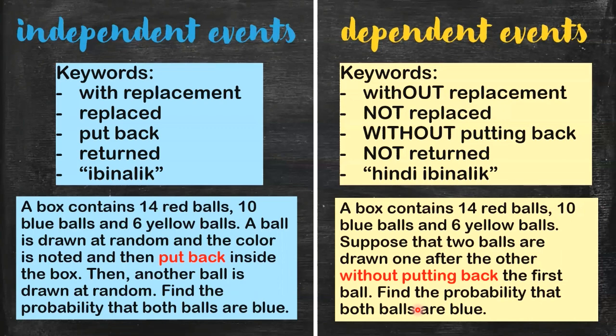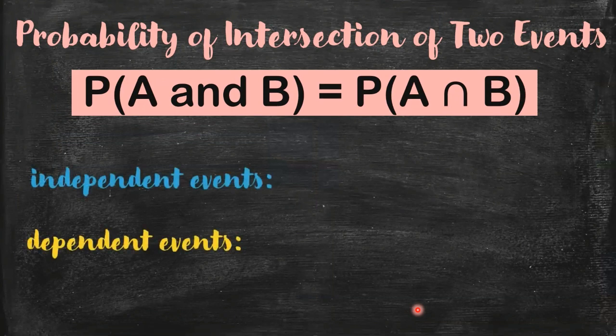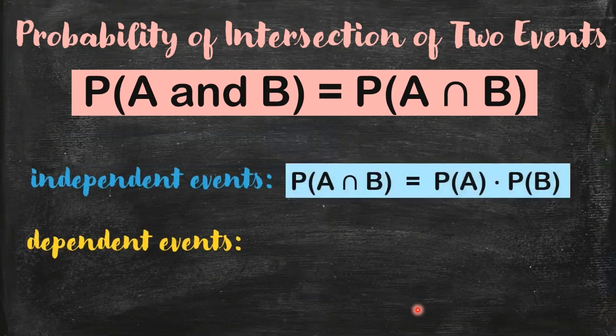This time we get the probability of intersection of two events. If we have independent events, to get the probability of A intersection B, all you have to do is to multiply, or get the product of, the probability of A and the probability of B.